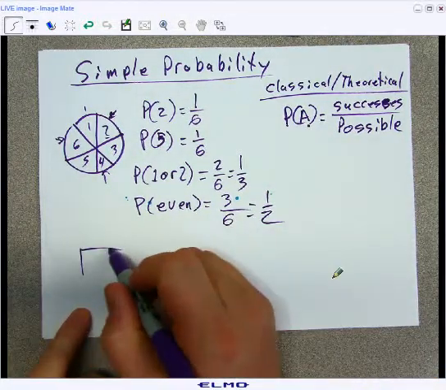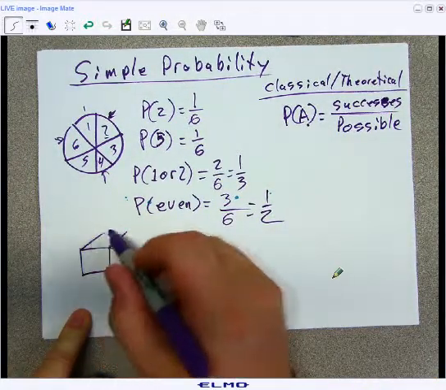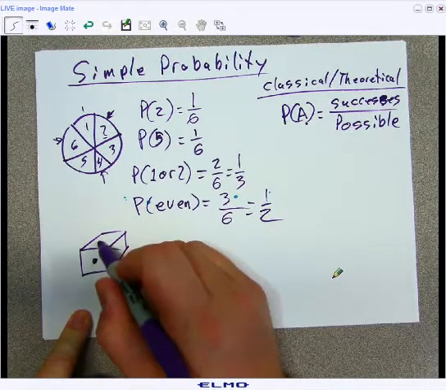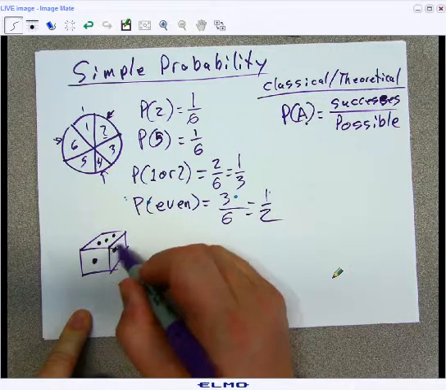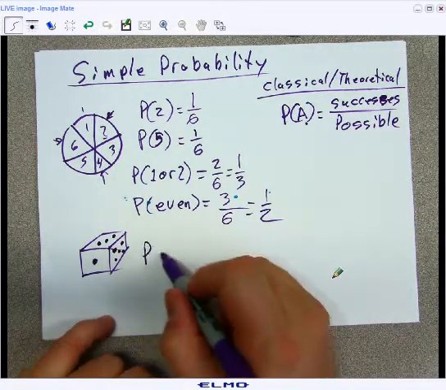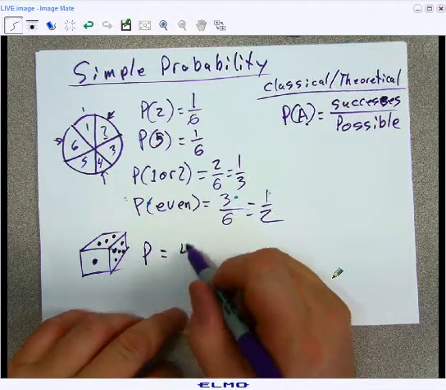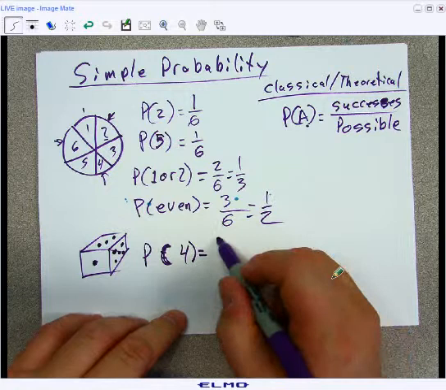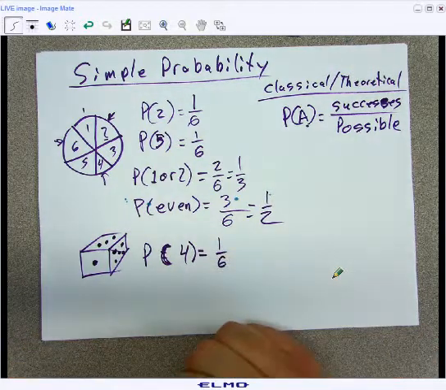If, on the other hand, I had a standard 6-sided die, and I wanted the probability of getting a 4, that would be 1 out of 6. There you go.